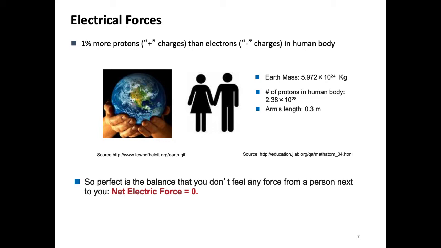What if it is 1% off? We can calculate using Coulomb equation and see that even 1% imbalance of protons and electrons will result in enormous force. For example, you can even lift the entire Earth by ripping off 1% of electrons from each person.